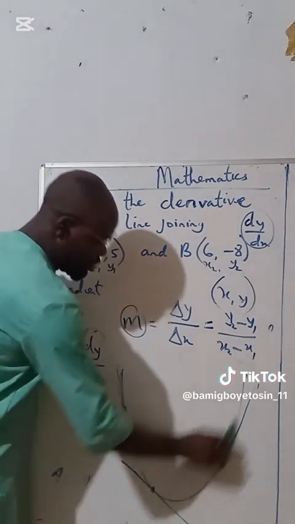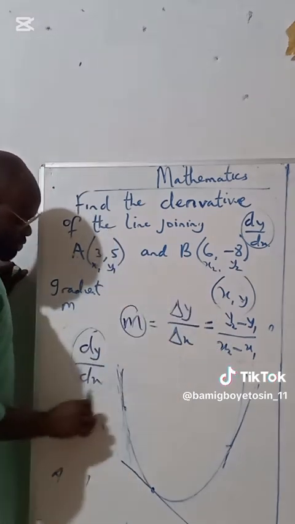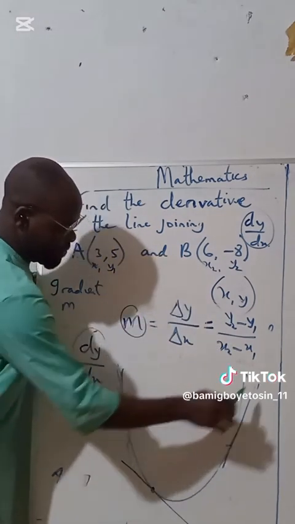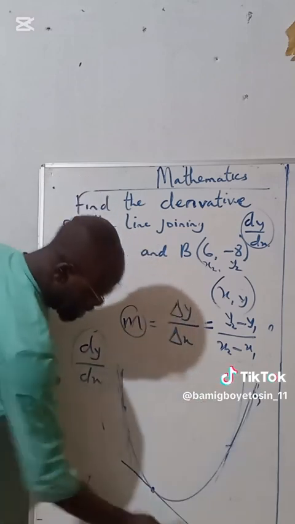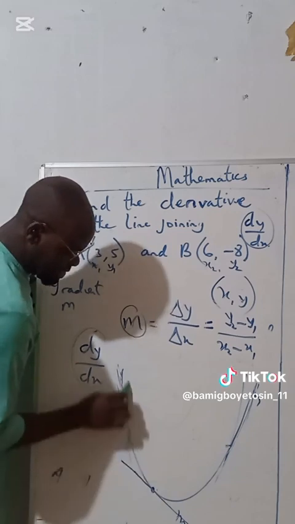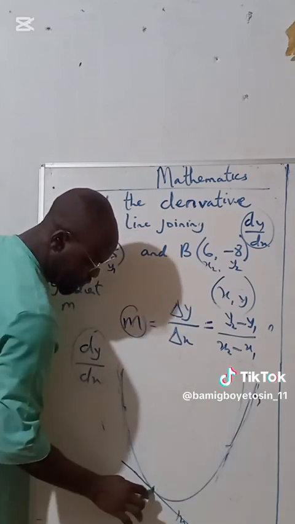So for every curve, the derivative at any point is dy dx. At that point, that derivative becomes the gradient m of that line, which is the same thing as dy dx, the derivative of the curve at any given point.